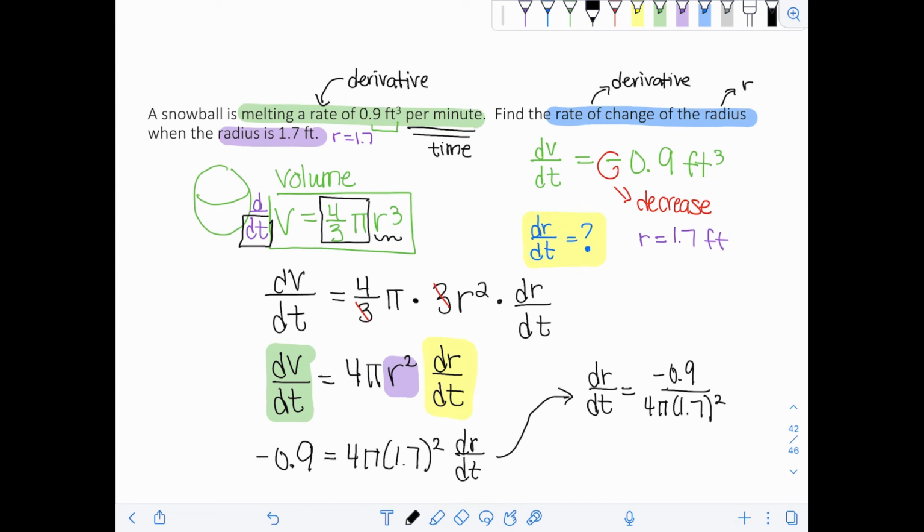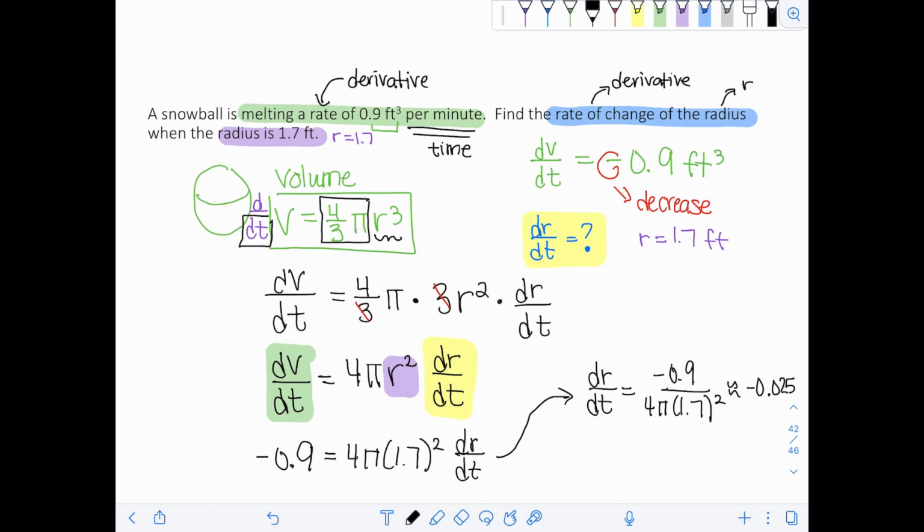And now I'm going to go ahead and plug this into my calculator. And when you plug it in, you should get about negative 0.0247. So I'll round that to 0.025 for right now.